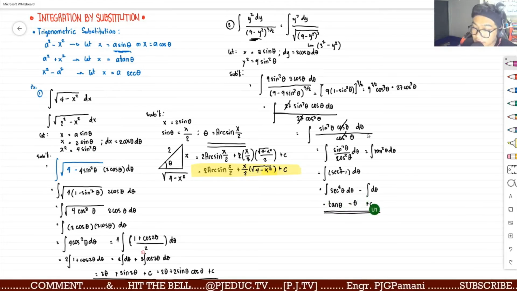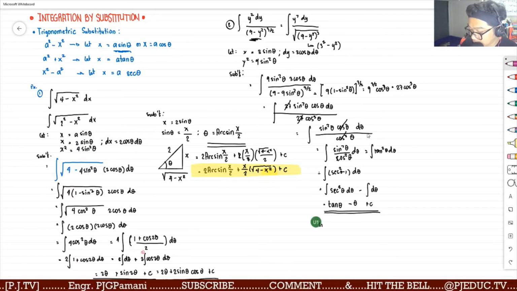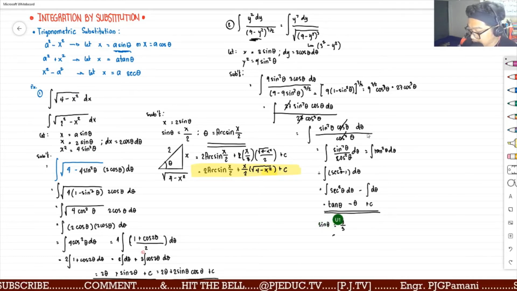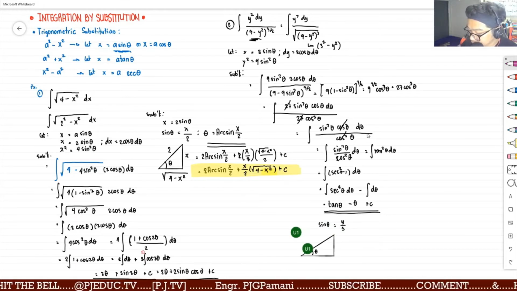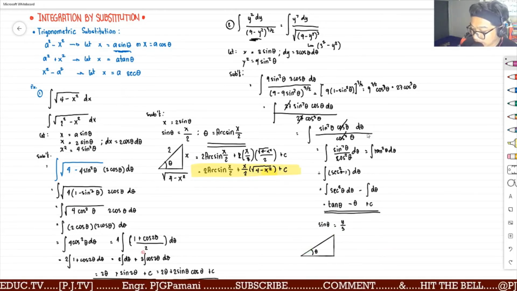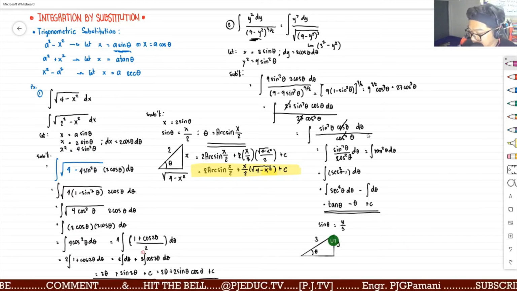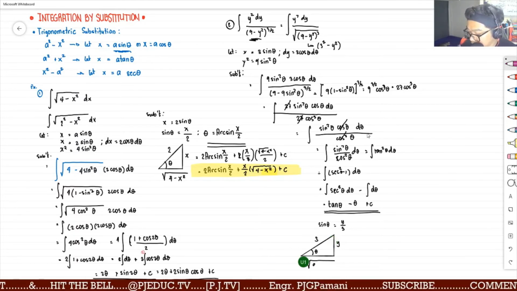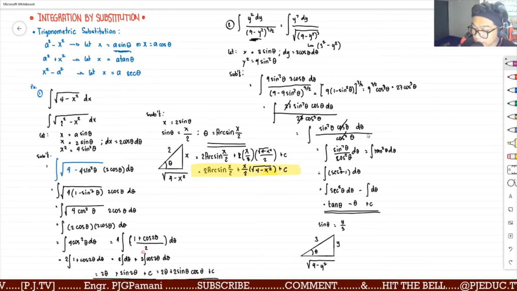Again, that is not yet our final answer. Remember, from our problem, sine theta is expressed as y over 3. In our triangle, using Pythagorean, the adjacent is the square root of 9 minus y squared, which is nearly the same as the original form.